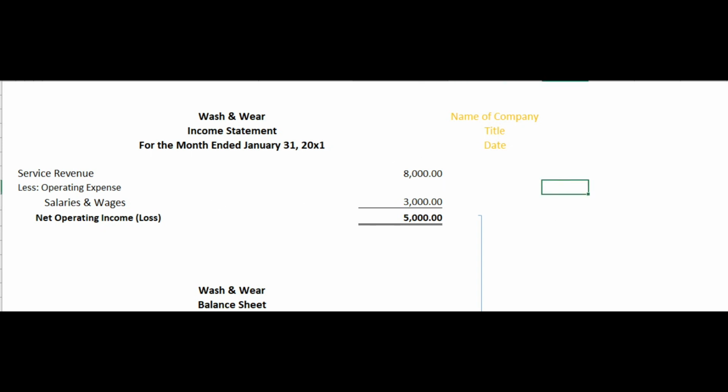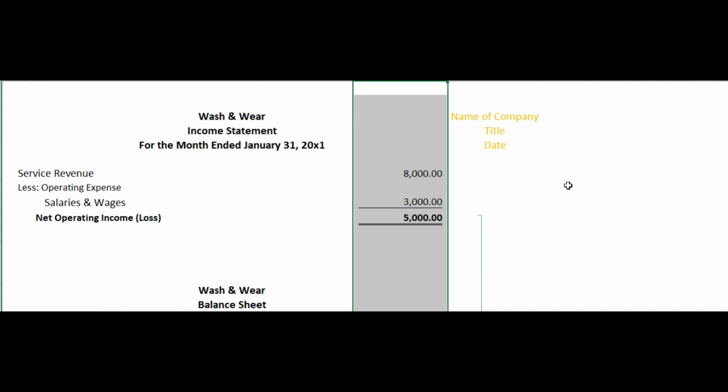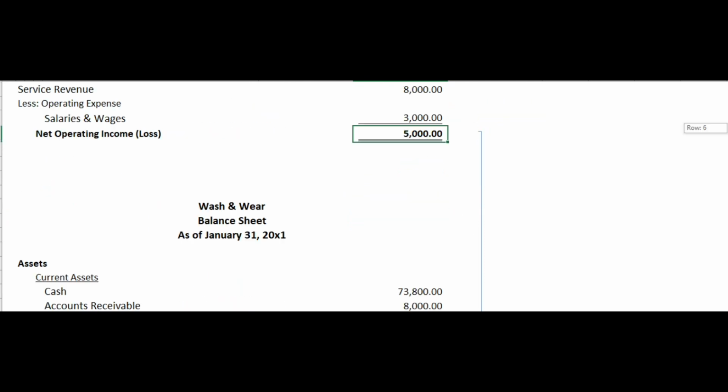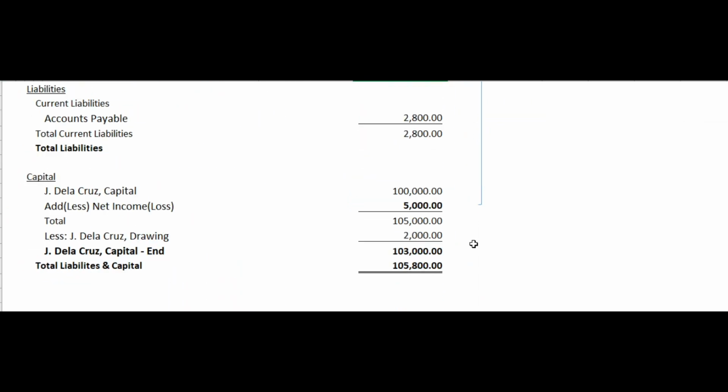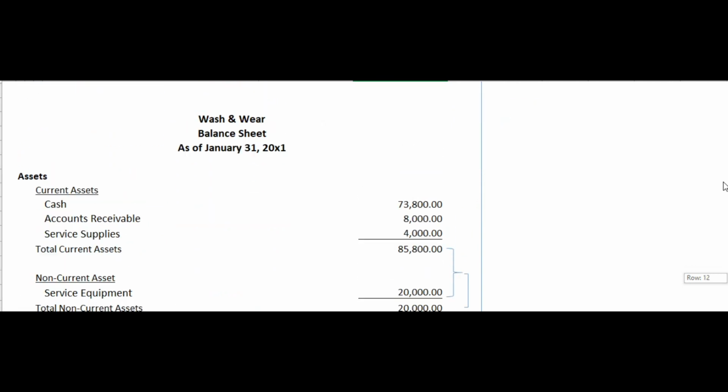Okay? Lahat ng mga amount is galing saan? Galing dito sa trial balance natin. Okay. Para mas maintindihan natin. Service revenue, 8,000 minus operating expenses. Marami dapat to kaso in our case para maintindihan nyo lang illustration, isa lang. So, 8,000 minus 3,000, 5,000. Ito i-forward natin mamaya dito. Okay? Ito yung pinorward natin actually dyan. Okay, next. So, galing na to sa trial balance.